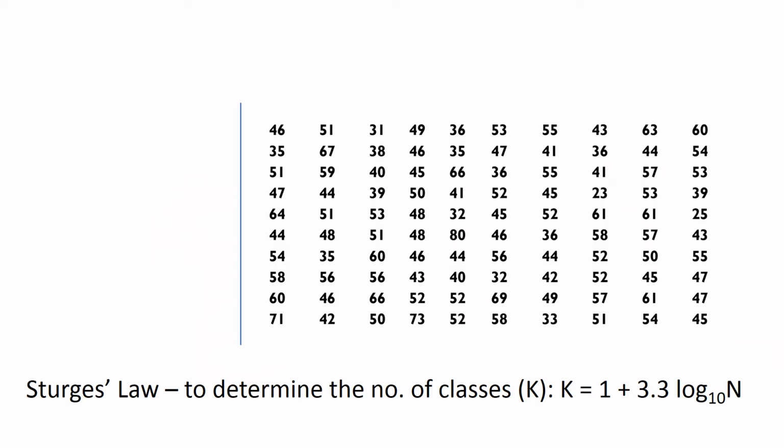Sturges' law is one way to calculate the number of classes if you find it difficult to determine them yourself. This law has been used by many statistical packages to build a histogram. Here is the formula, where n is the number of observations or sample size, which in this case is 100.